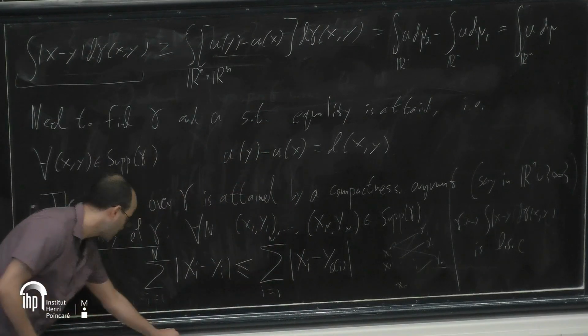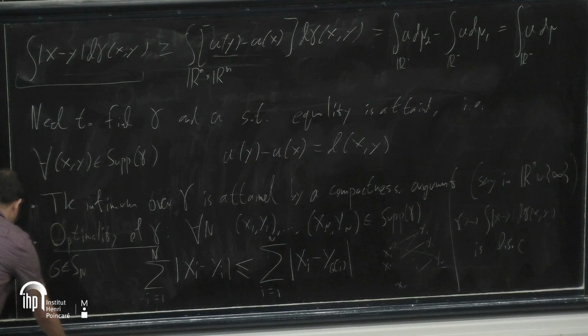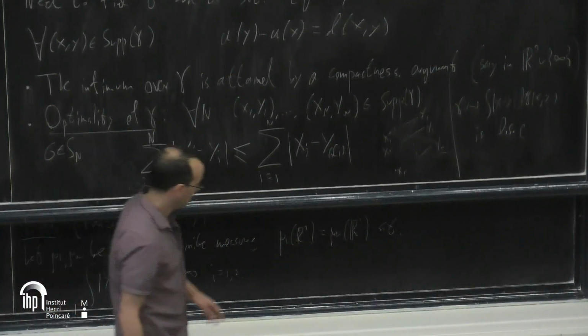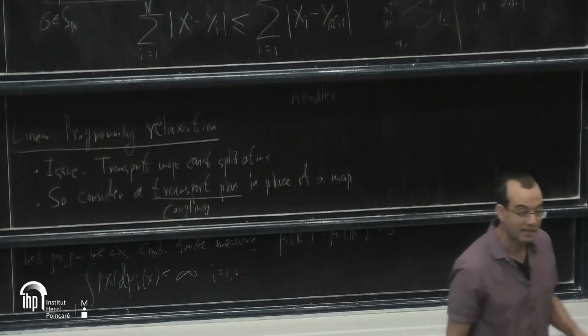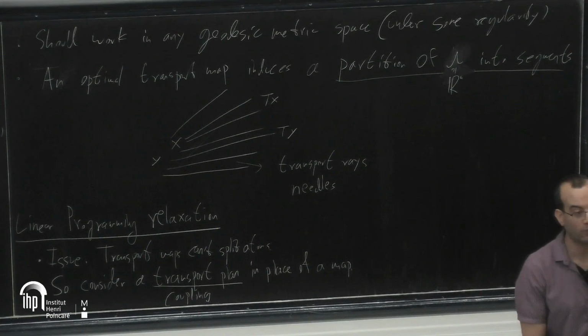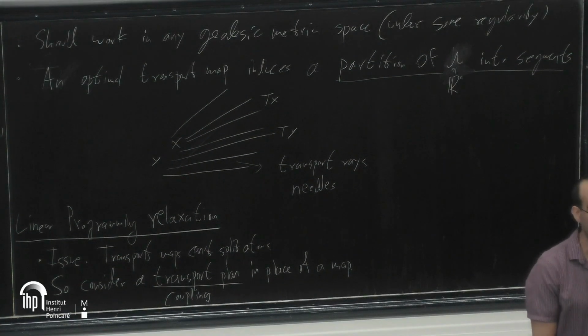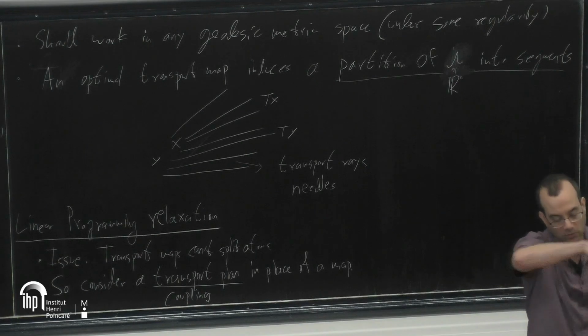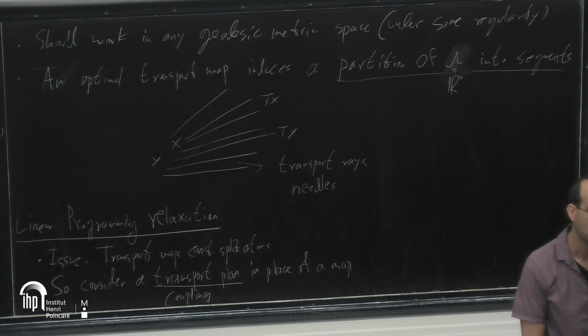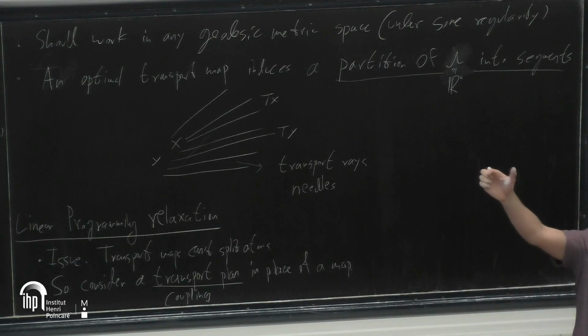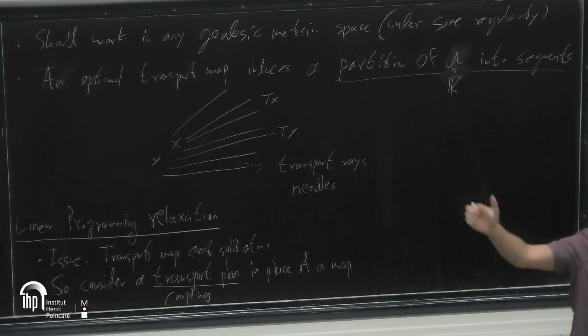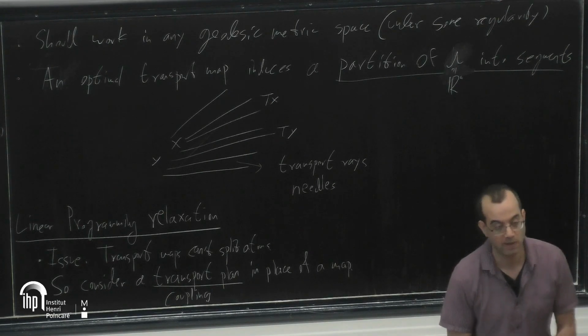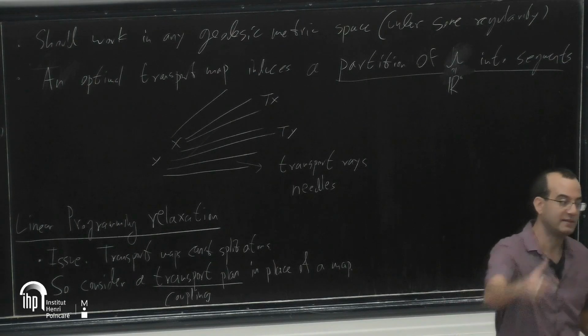Yes, I claim this is compact in weak star topology. There are a few ways to do it. Let's suppose that I had one point at infinity, and I look at the one point compactification of Rn. So the measure does not charge this extra point at infinity. Okay. So I look at the space of all measures whose marginal on the first coordinate is mu1 and on the other is mu2.